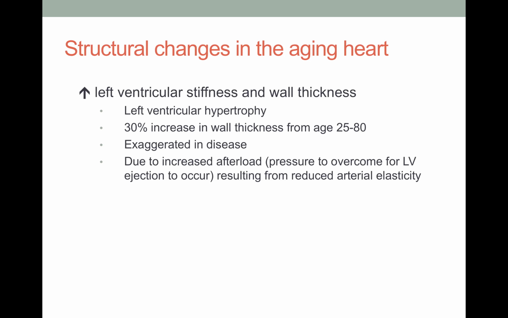Okay, so there's increased afterload, and really what this is thought to be occurring from is reduced arterial elasticity. So if we go back to the previous slide talking about stiffening arteries, they're no longer as elastic anymore. Therefore, they can't adjust their diameter as well as they could when they were younger. And therefore, this can increase the pressure that is exerted on the arterial wall and therefore on the heart.